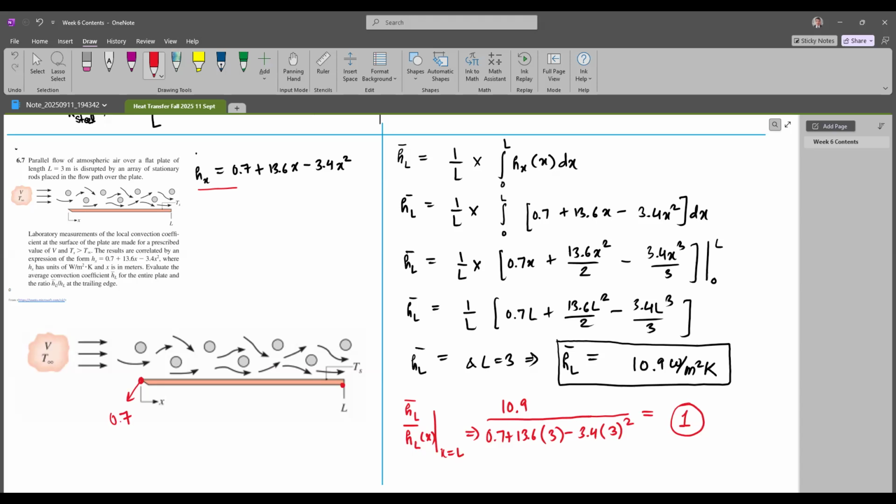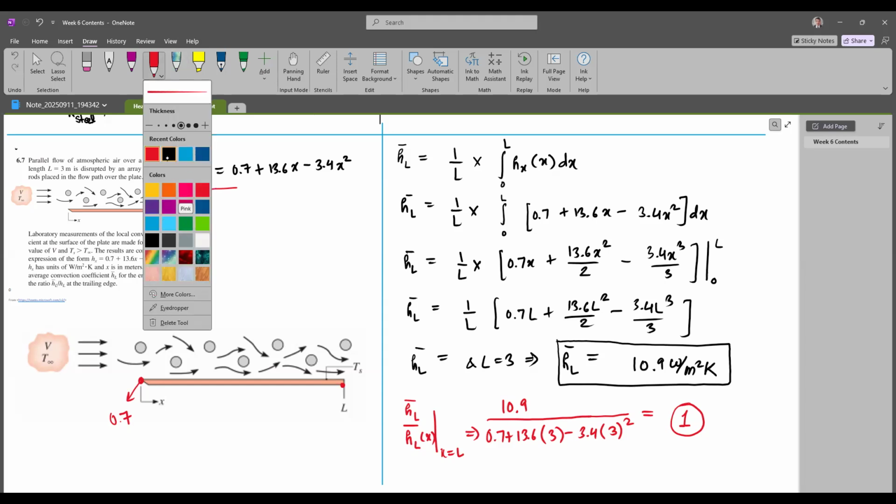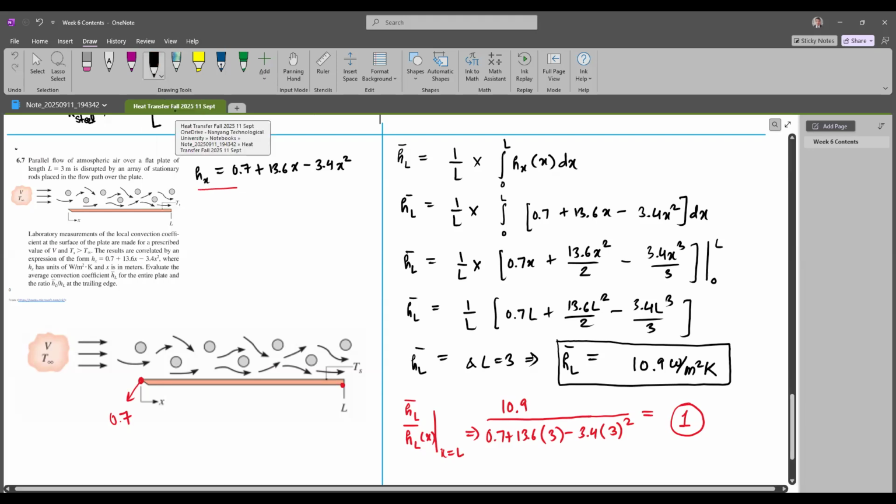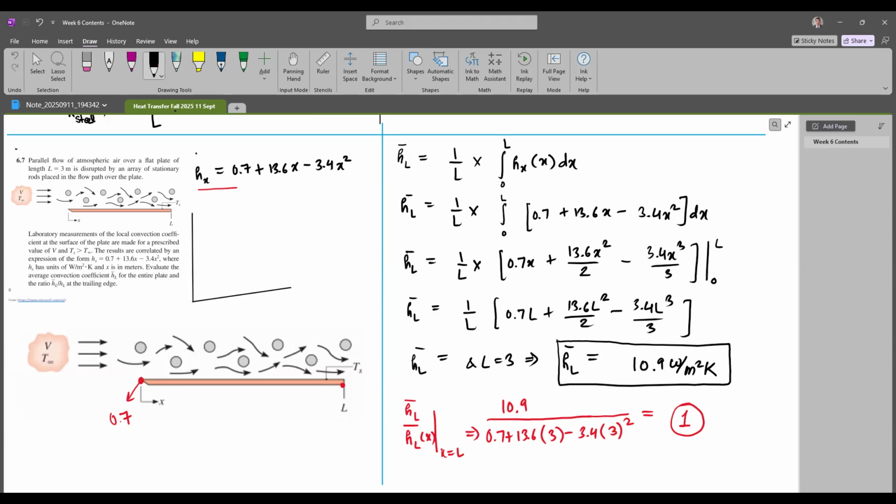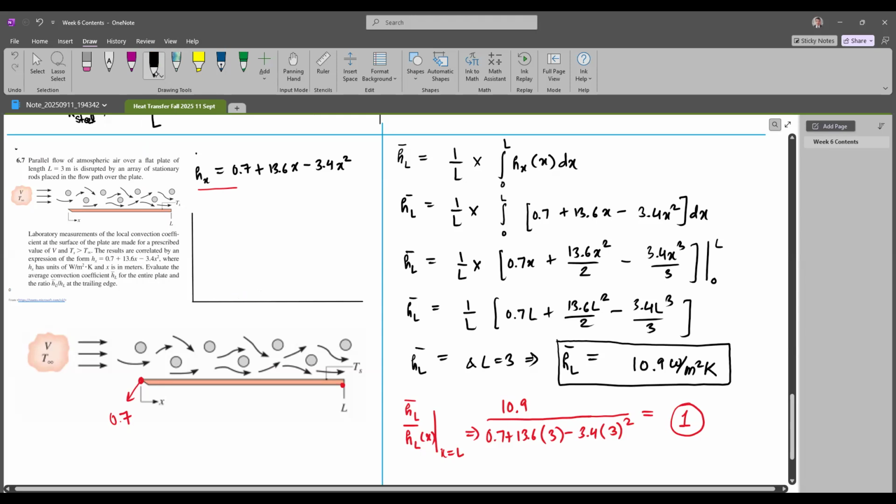It could have been anything. There's nothing special about this value 1. So actually, if I were to draw this, it will be much more clearer if I draw it once and then show you.